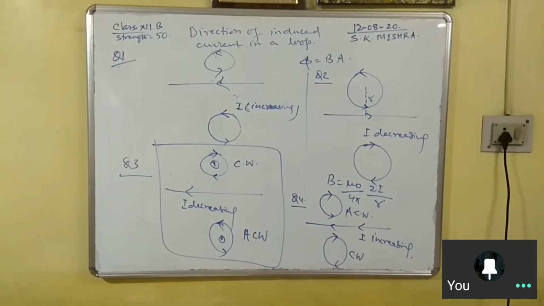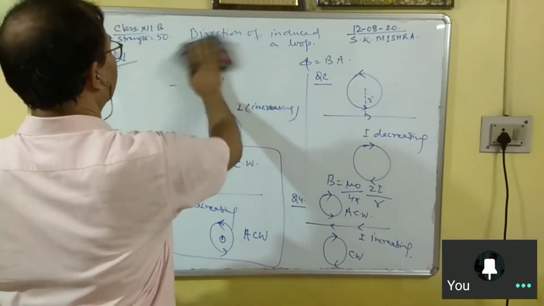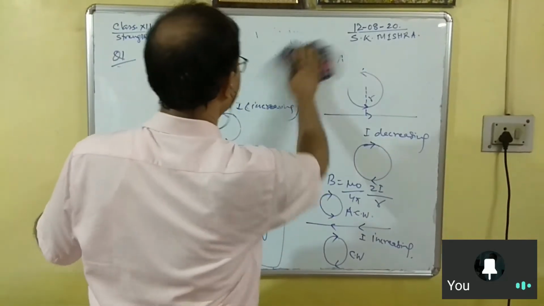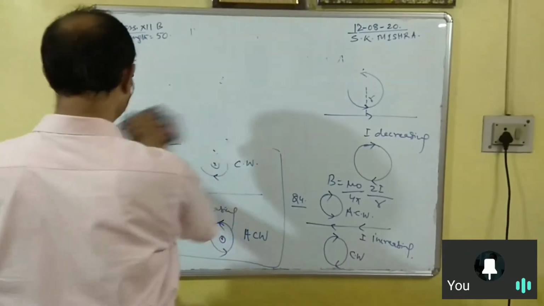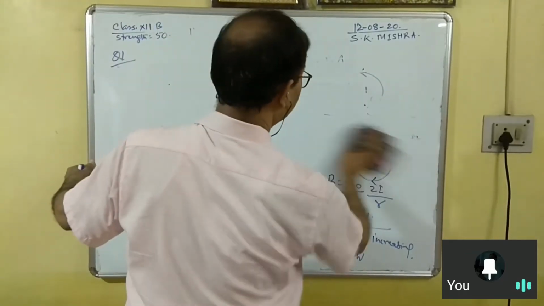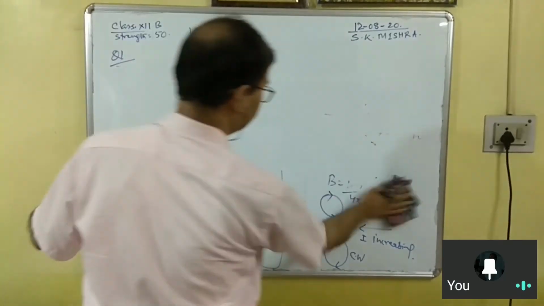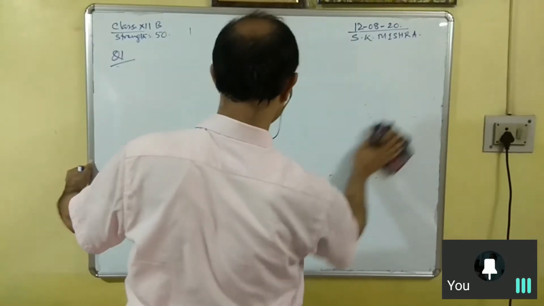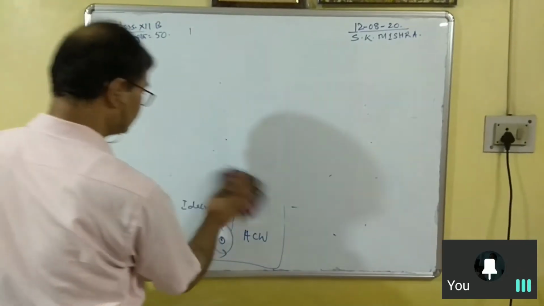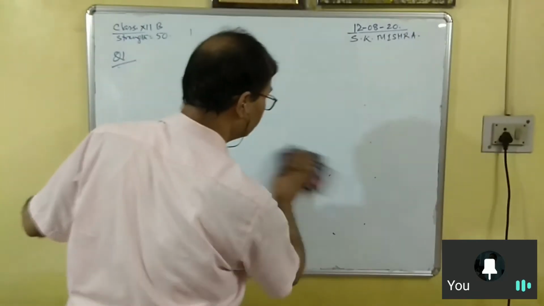Okay. Now, in the previous lecture, we finished the motional EMF part. If you rotate a rod in the magnetic field, then an induced EMF develops across its two ends. We have shown it is half B omega L squared if it is rotated at some constant angular velocity omega.